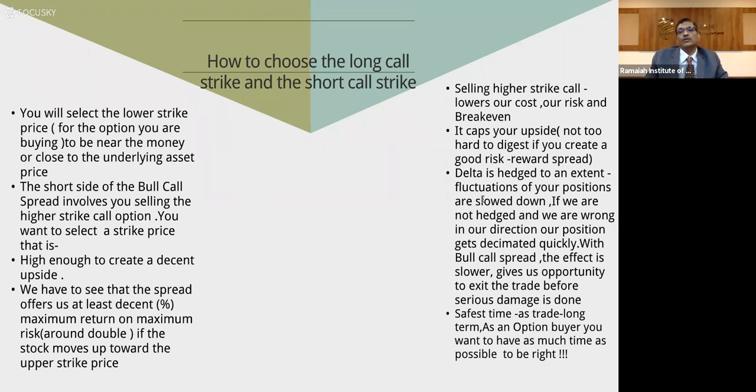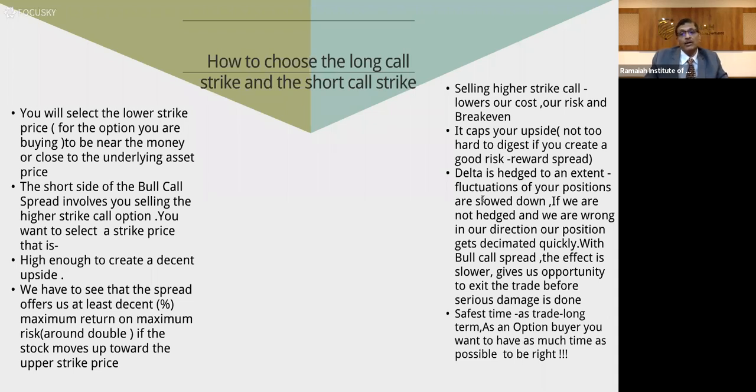What if the market goes exactly opposite to your direction? Your position gets decimated very quickly. Even before you realize, your 31,000 suddenly becomes, you're just frozen on the screen. The market goes down to 25, 20, 15. Your position gets decimated very quickly with a long call.